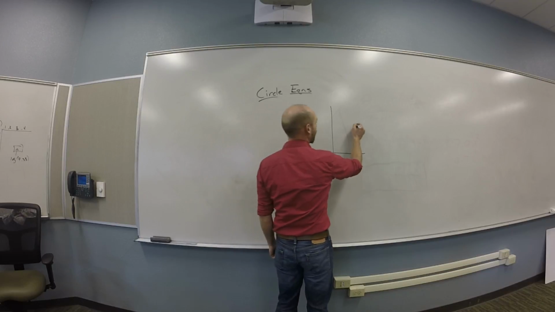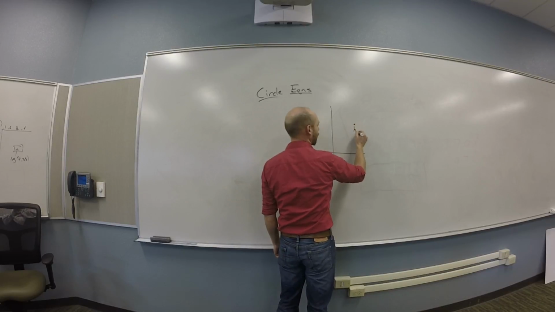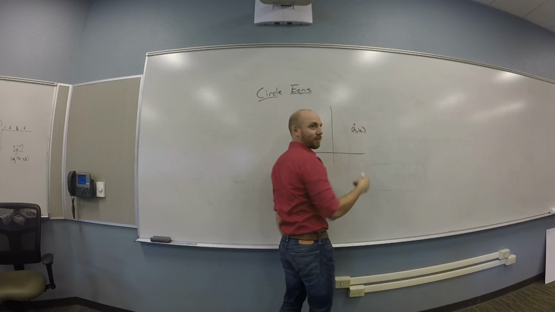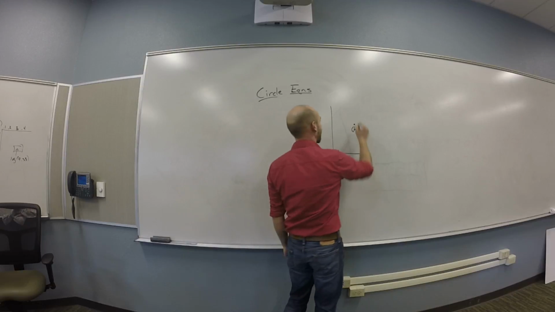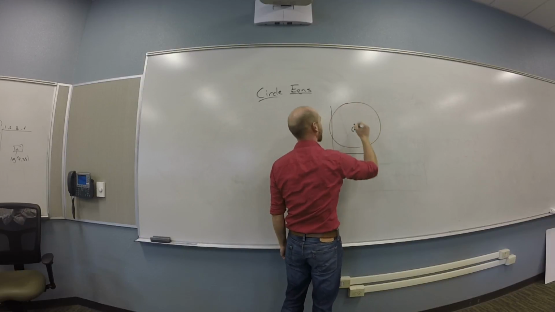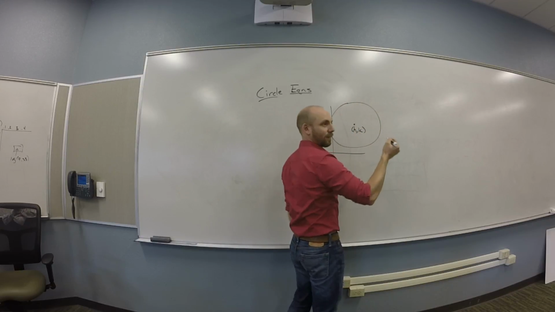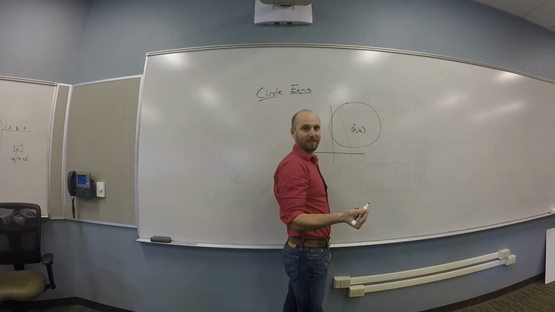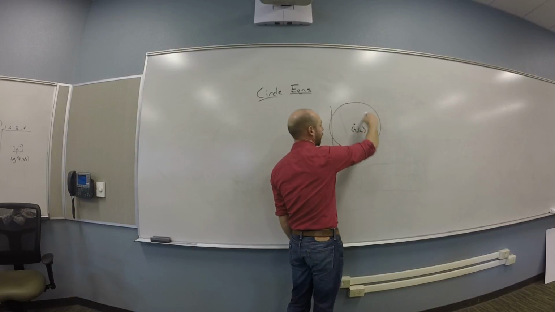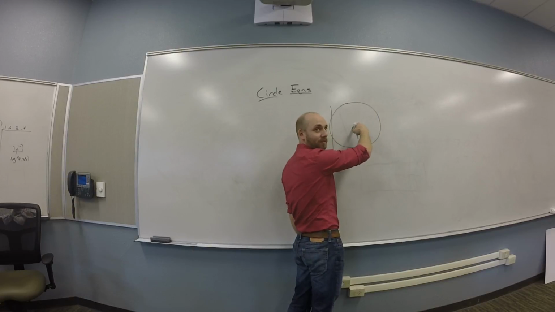Okay, so maybe here's a point. I'm going to call this point h comma k because that's traditional for the middle of a circle. And I'm going to draw a circle around it. What does a circle around this thing mean? The distance from the circle to the point in the middle is always the radius.